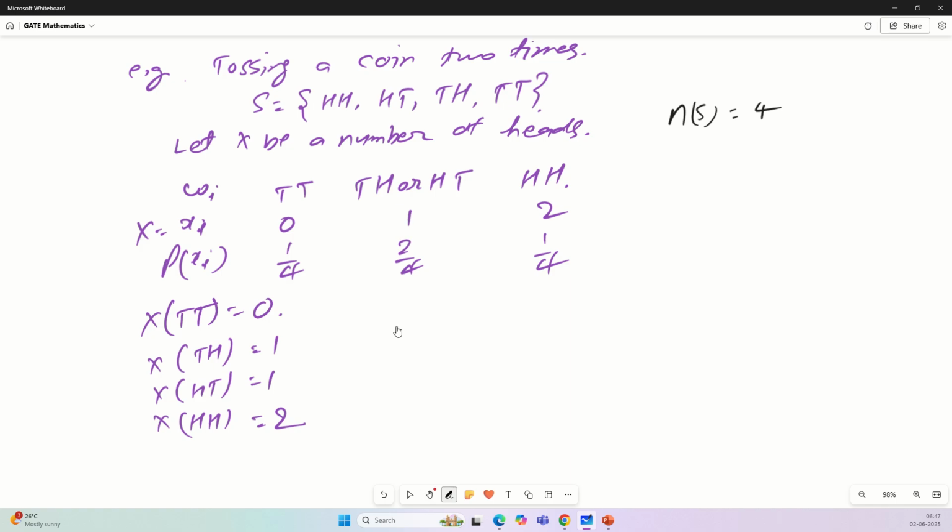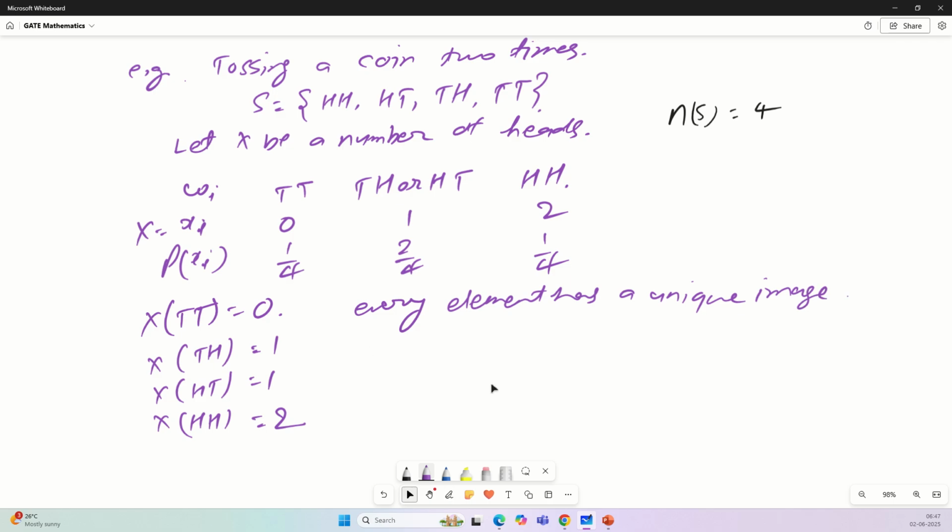One more thing you can say here is that every element has a unique image. What does it mean?